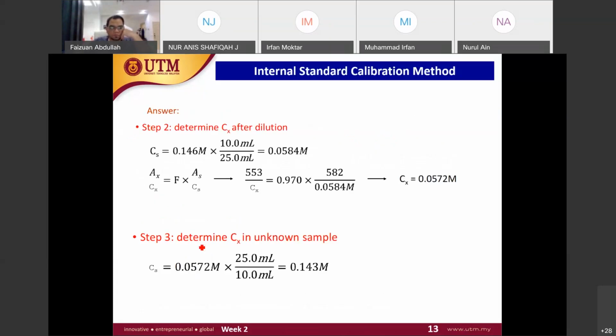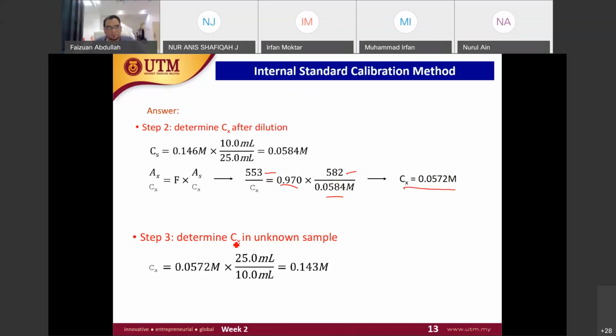Now step 2 is for the concentration of X after dilution. We calculate the Cs value first, and after that, we just put it in the equation. We know F, we know Ax, we know also As, and now we know the Cs, and of course we know how to calculate the Cx.